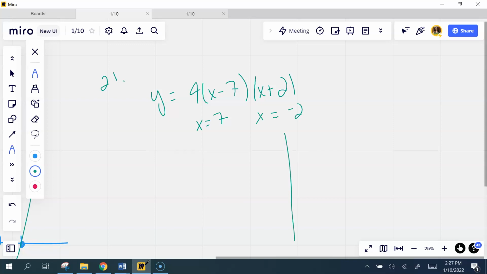As I graph this, of course, my parabola is opening up because A is positive. And it's going to be kind of skinny because my A is bigger than 1, it's 4.